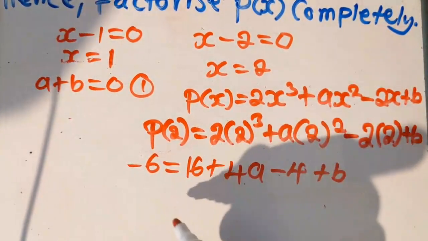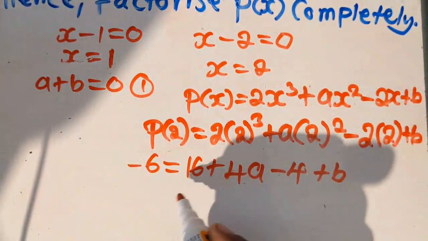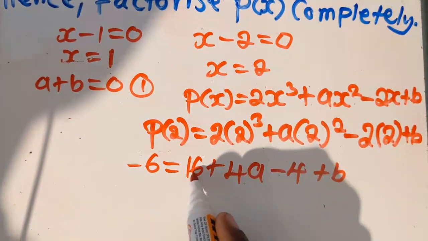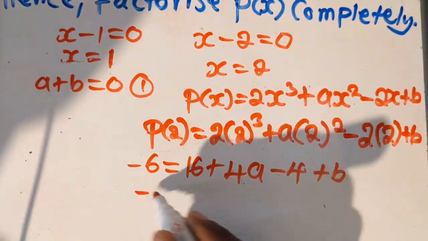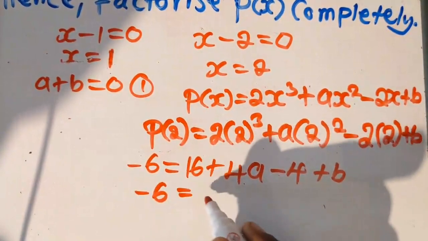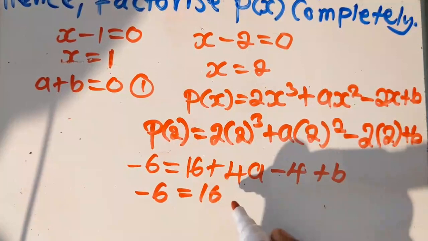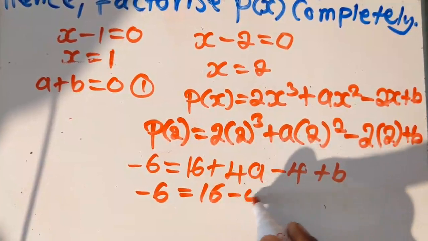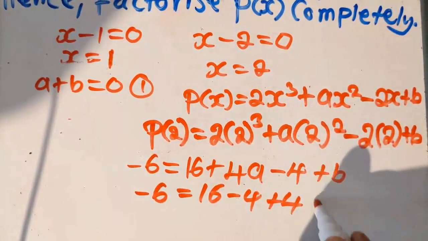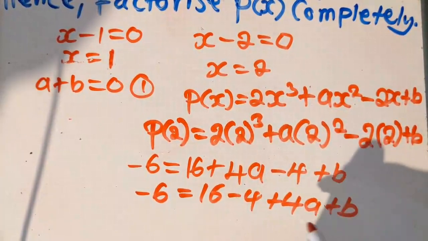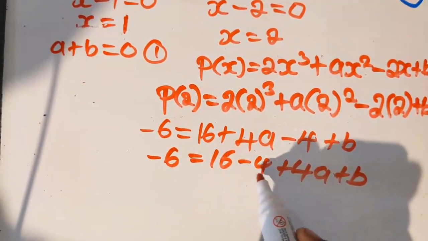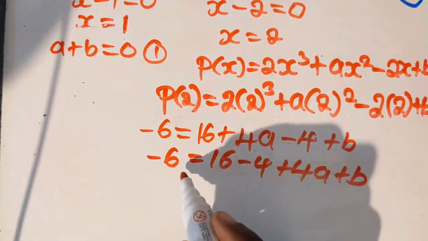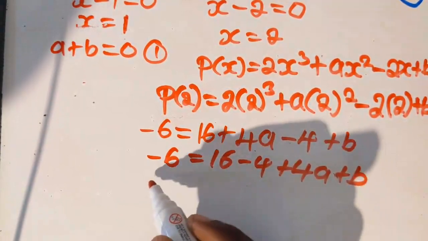So here we are going to collect the like terms. We are going to say negative 6 is equal to 16 minus 4 plus 4a plus b. So 16 minus 4 is going to be 12. Then the 12, when it comes to this side, is going to be negative 12.